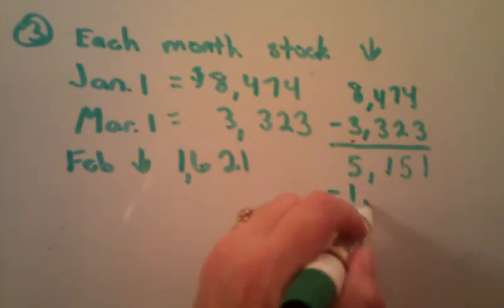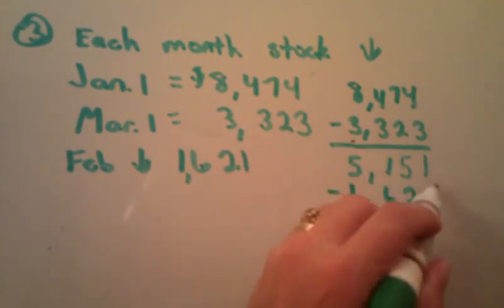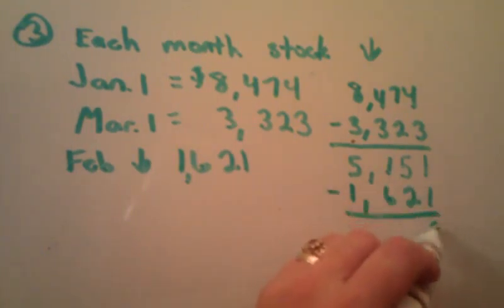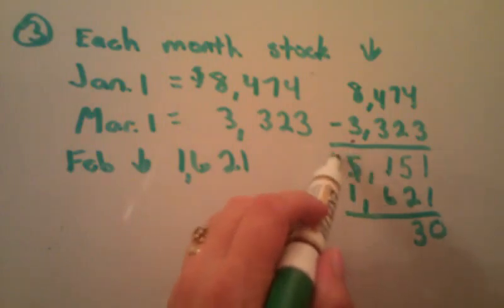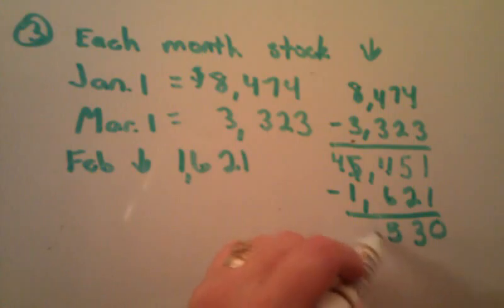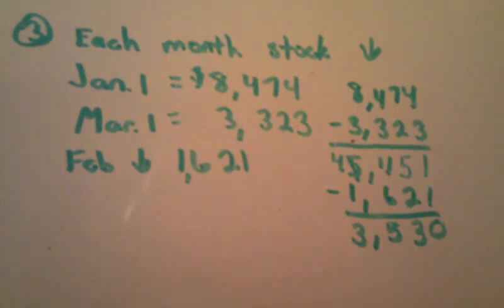Minus 1,621. 1 minus 1 is 0. 5 minus 2 is 3. Let's borrow. 11 minus 6 is 5. 4 minus 1 is 3. So you should have come up with $3,530.